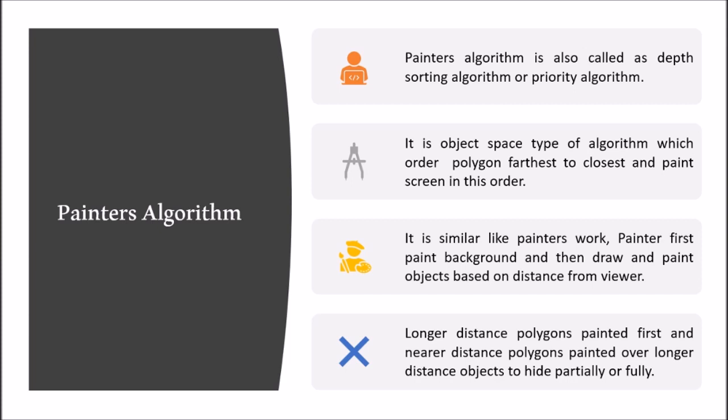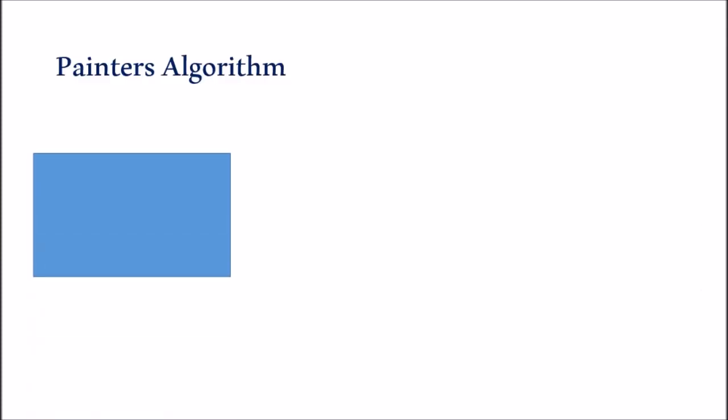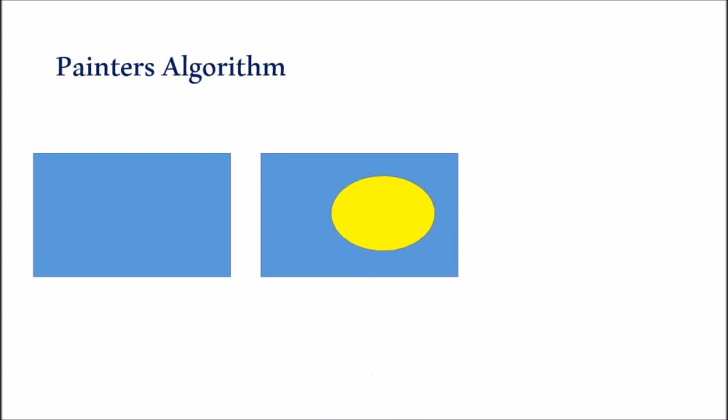We'll see how Painter's algorithm works. Here you can see this is the background, and I am drawing some objects on it. This is the background I have drawn first. Then I have drawn an object which is somewhat nearer to the viewer, so some part of the background is hidden due to this object.